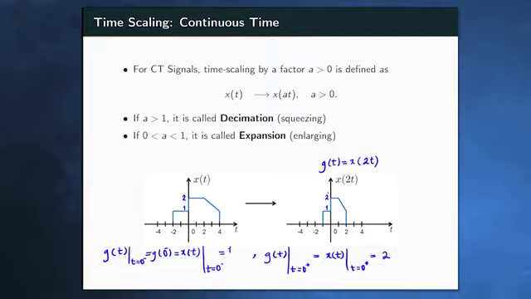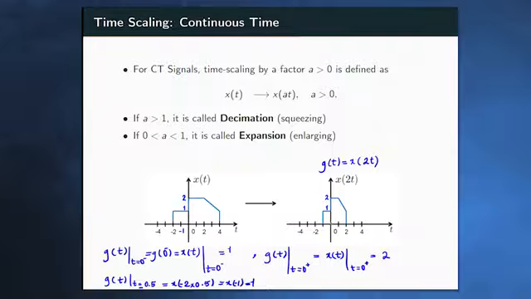G of t at t equal to 0.5 is equal to x of 2 times 0.5. That's equal to x of 1, and that's equal to 1.